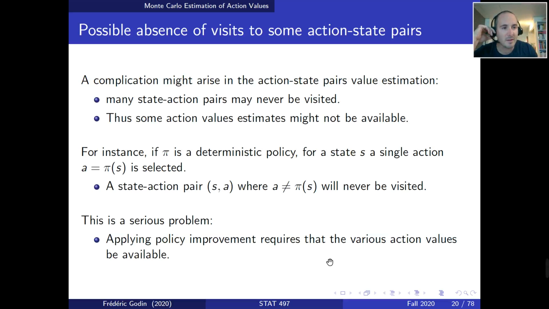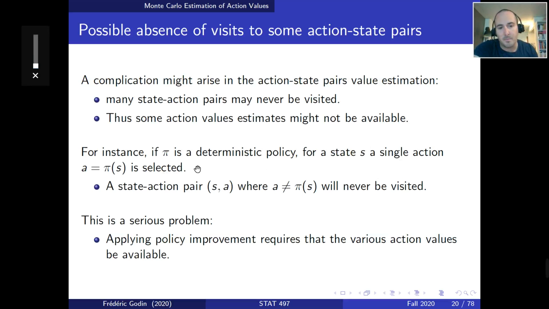Okay, so we can see that this will happen systematically if you have a deterministic policy. Let's say pi is a deterministic policy, which means that in any state S, there's a single action that is taken by that policy. All other actions are associated with a probability 0.